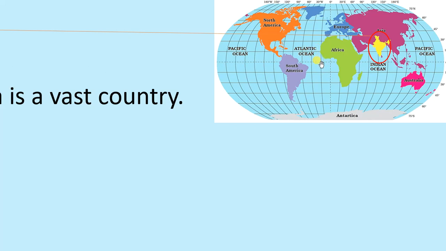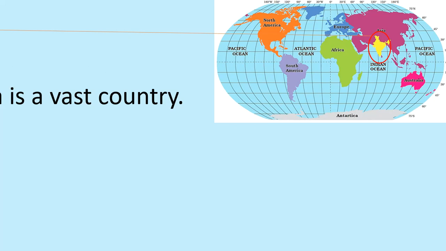One more concept you have studied in class 6, students: from one longitude to another longitude, the sun takes 4 minutes. As you know, there are 360 longitudes, and the earth rotates on its axis and takes 24 hours to complete one rotation.